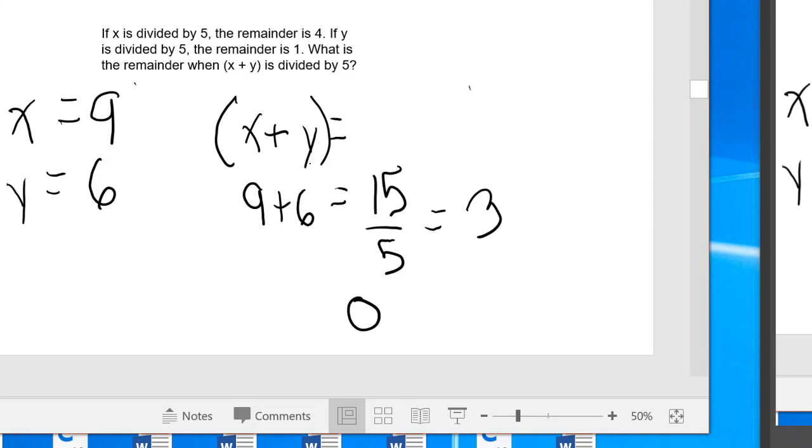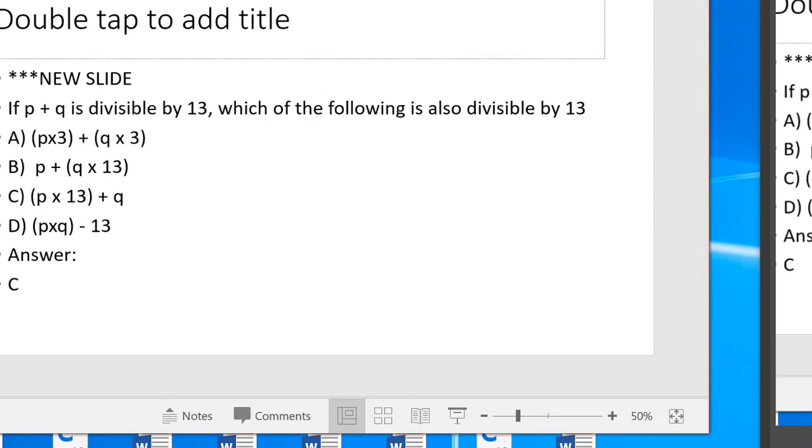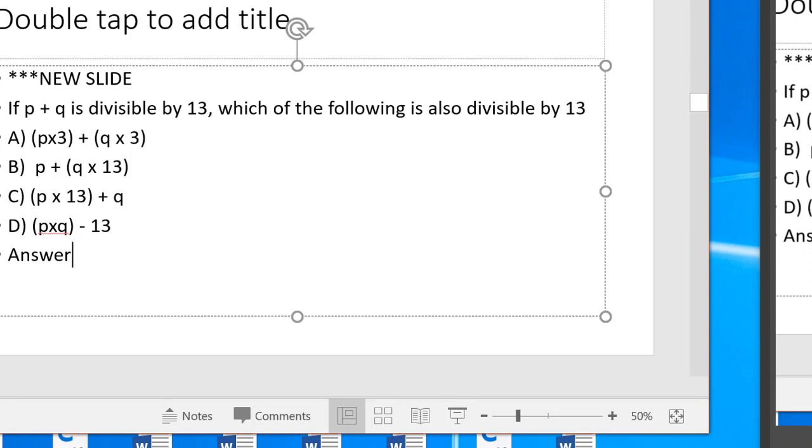Okay. So next question is the following. If P and Q, P plus Q, all right, and I know you can see the answer just based on how we printed the slides.